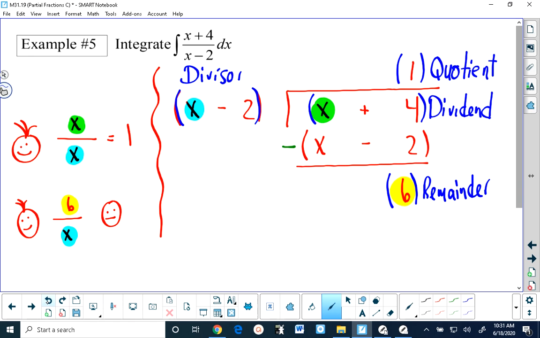And what we are going to do now is rewrite x plus 4 over x minus 2 using what's called the division algorithm or the division rule that you learn about in Math 30-1.